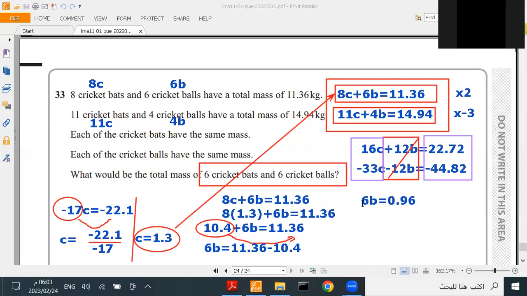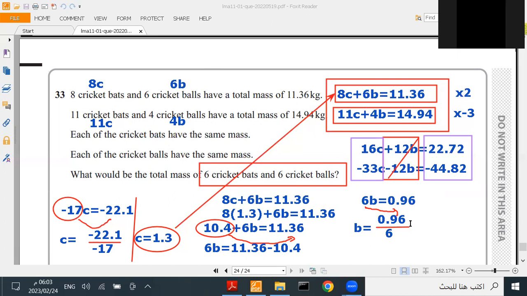And now here in this equation I'm going to take the 6 by dividing. Okay, divide. So b equals what? b equals 0.96 divided by 6. You have to follow the steps and make sure that you're doing the right things.